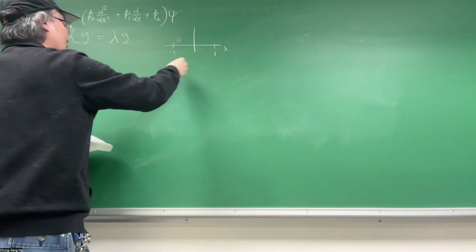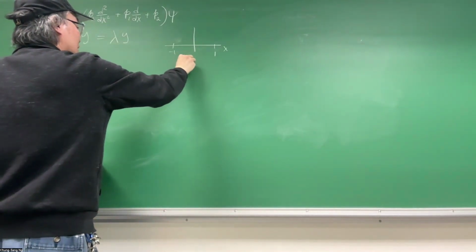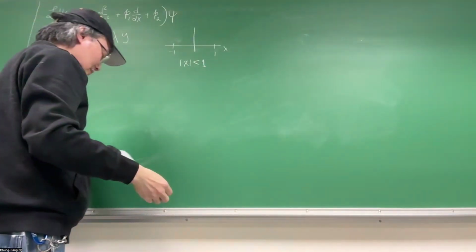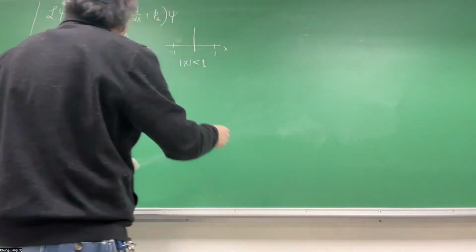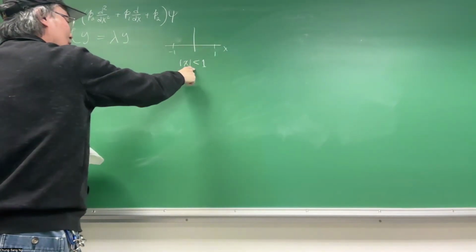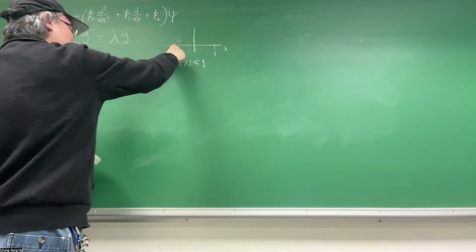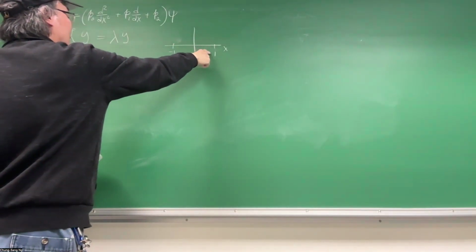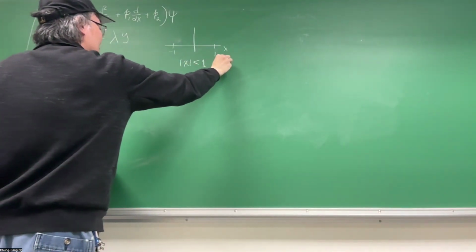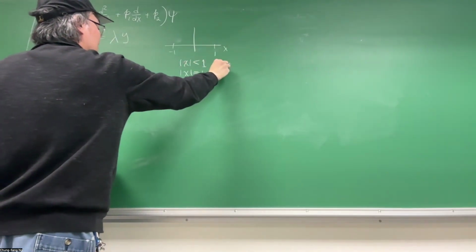For the Legendre equation, the solution is always convergent if x is less than 1. So for any lambda, the solution is convergent in the interior of your domain, but at x equals 1 it becomes divergent.